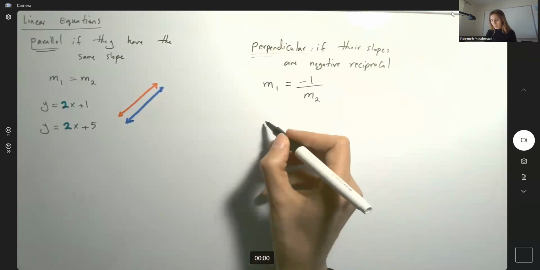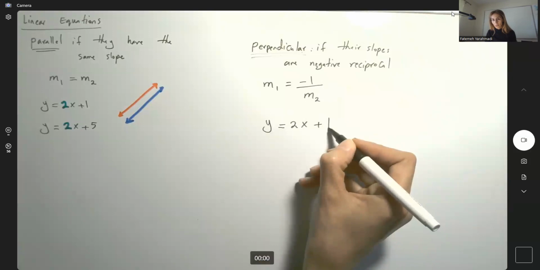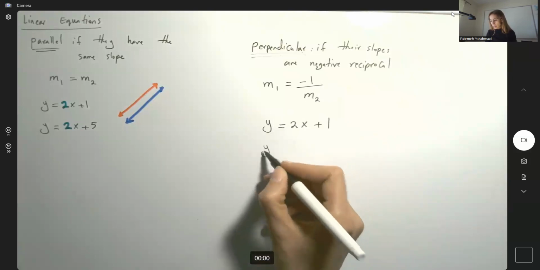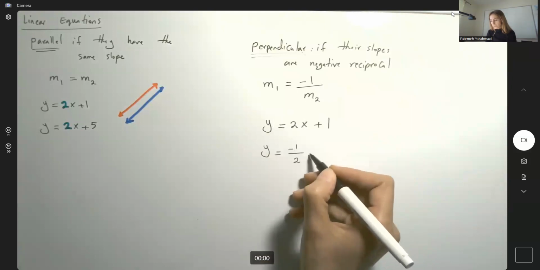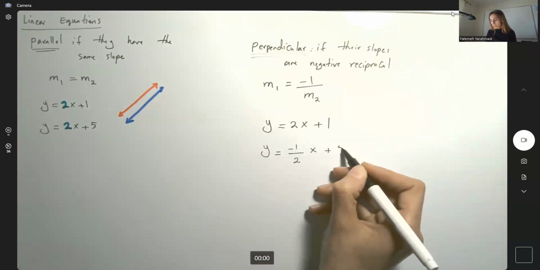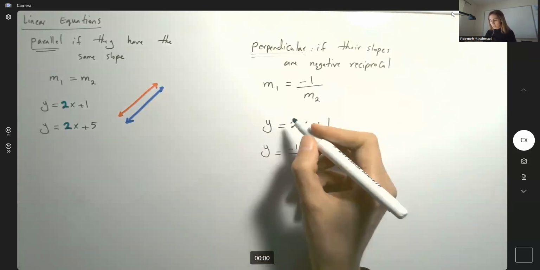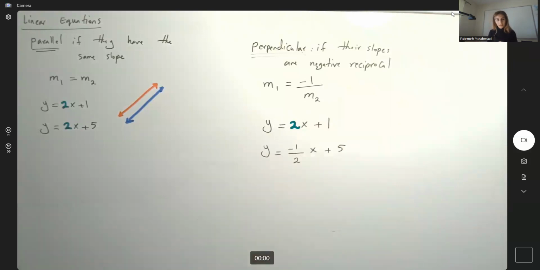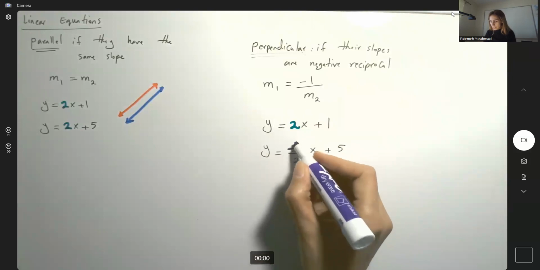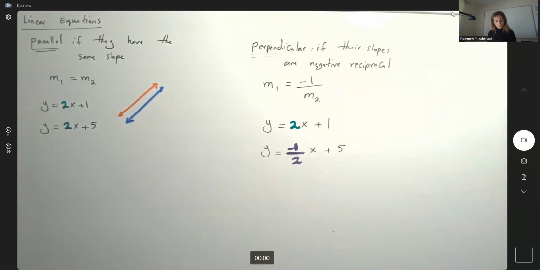For example, y is equal to 2x plus 1, and the second line, y is negative 1 over 2 x plus 5. M1 is 2 and M2 is negative 1 divided by 2. Negative reciprocal. There we go. That's all.